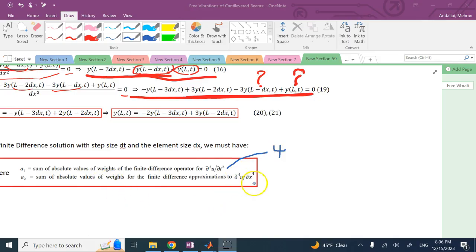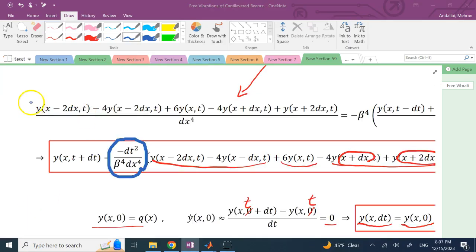So for the fourth derivative, if we go and look at the operator that we have, you'll see that the sum of the absolute value of the weights that we have in the finite difference approximation, in this case, A2 is not equal to 4. If you see, I have a 1, I have a 4, I have a 6, a 4, and a 1. And if you add those numbers together, you're looking at 16.